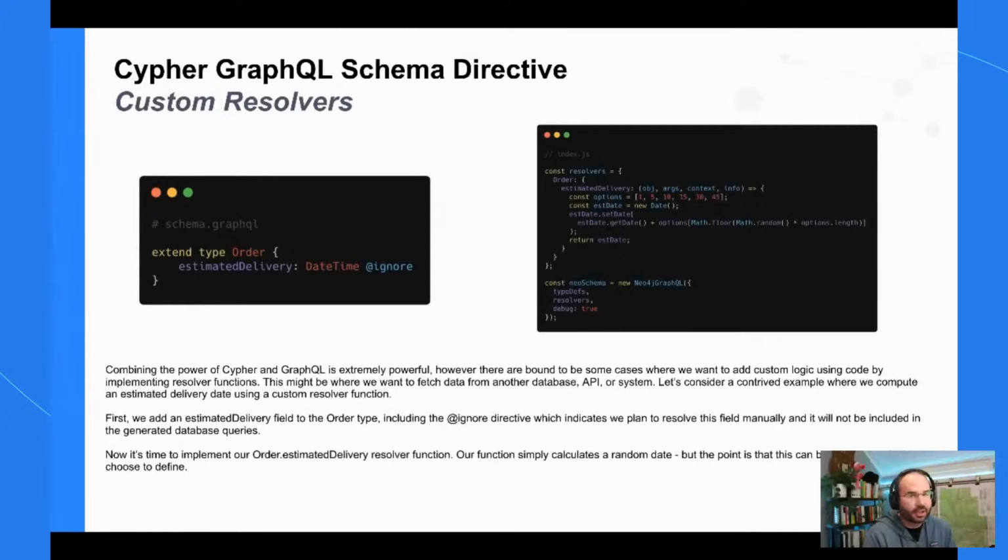And then it's up to us to implement whatever logic we want in that resolver function. In this case, we're estimating a delivery date just by generating some random time in the future. But you can imagine we call out to a logistics system or something like that to get a more real world delivery estimate. Hopefully this is not what our online commerce stores are doing to us.